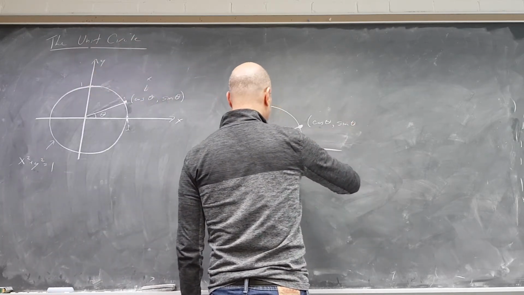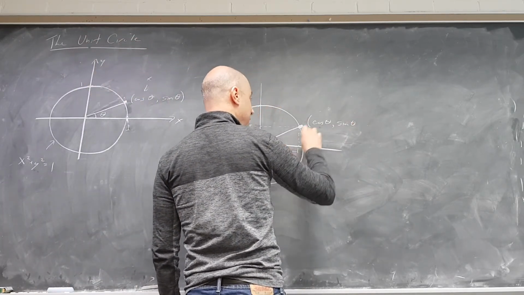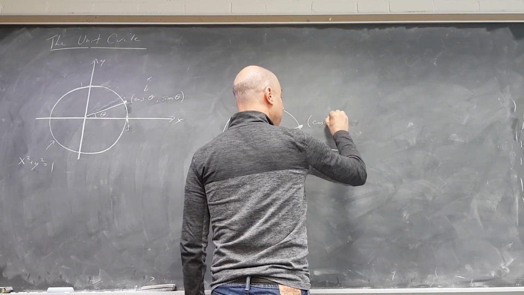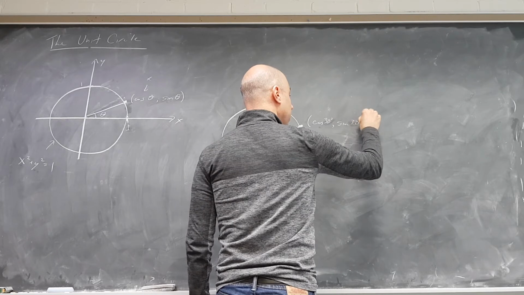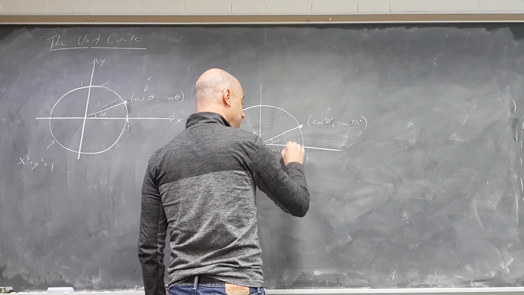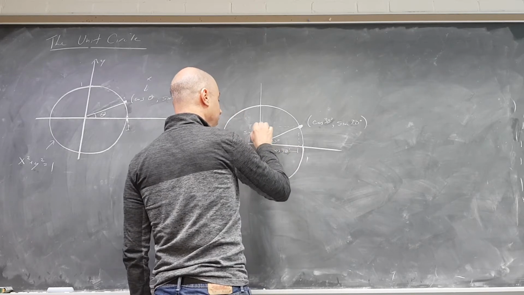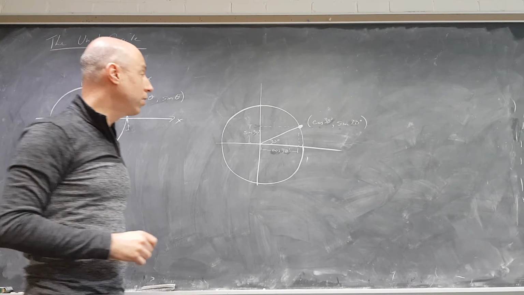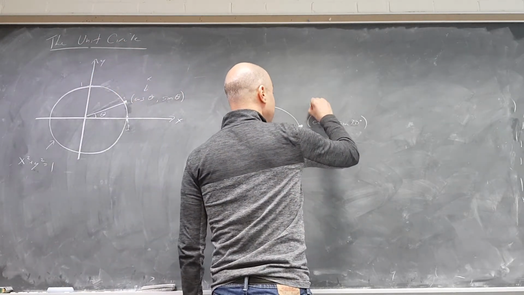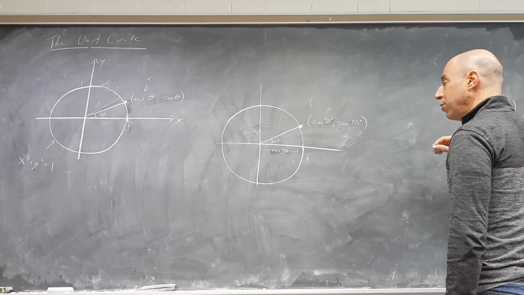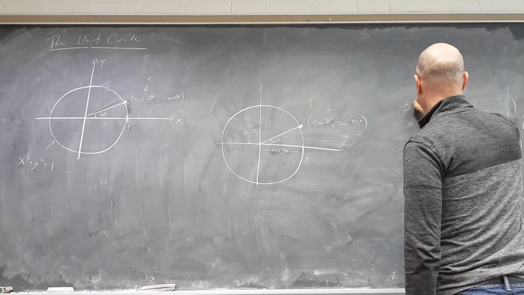Now, I said theta in this example was 30 degrees. So we could put 30 degrees here. Now you can leave it in terms of degrees, or you can convert it to radians. We talked about how to go back and forth between degrees and radians.